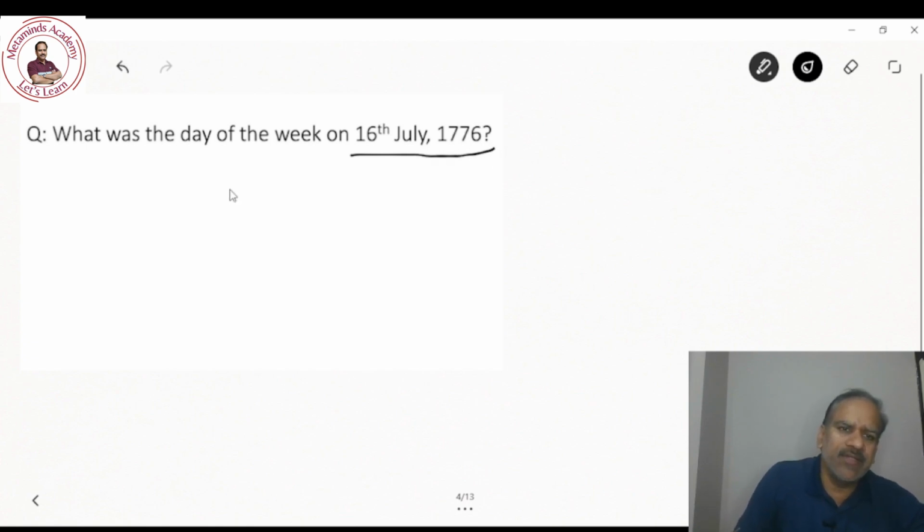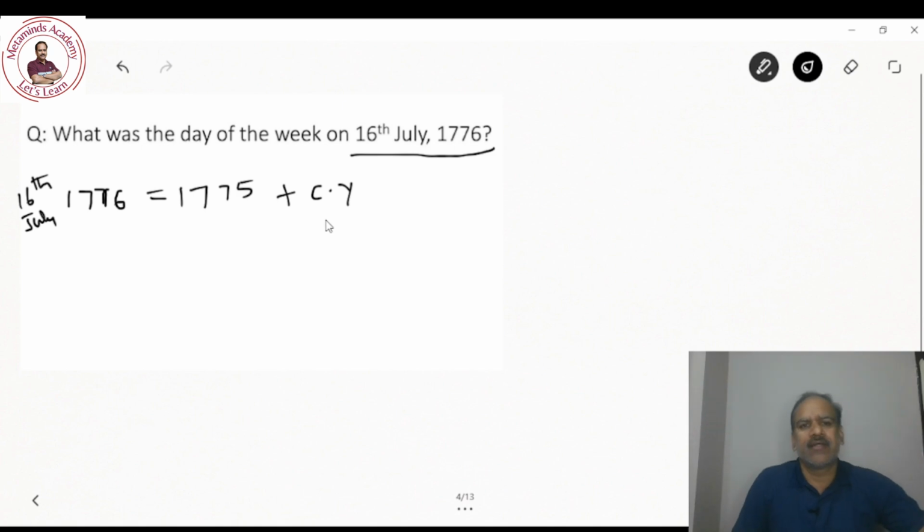We have to break down 1776 into 1775 years plus current year. What is that current year? Current year is from 1st January to 16th July.